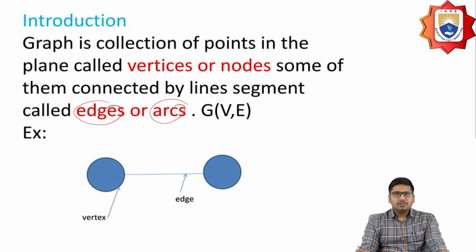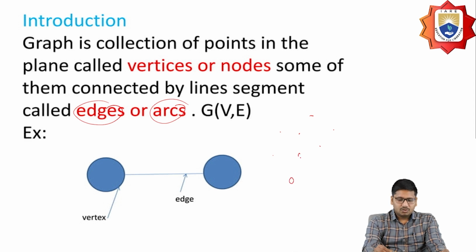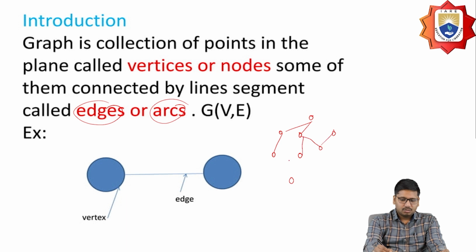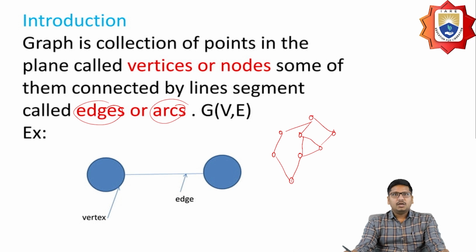This graph can be represented as G(V, E), where V is the vertex set and E is the edge set. So a graph is nothing but a collection of points in the plane, called vertices or nodes, connected by line segments, each called an edge or arc.